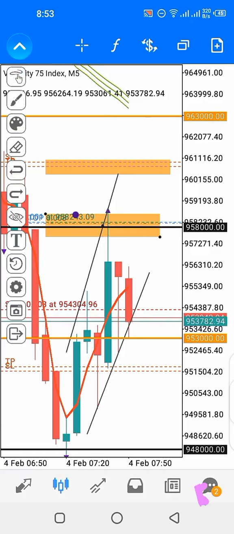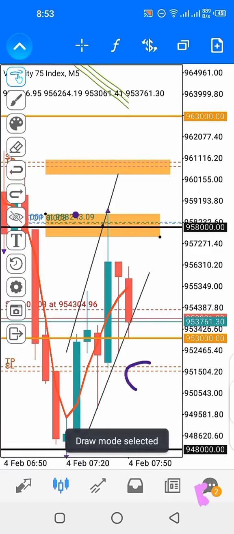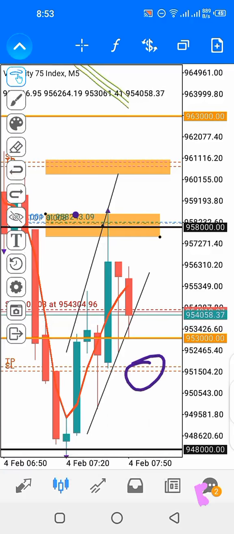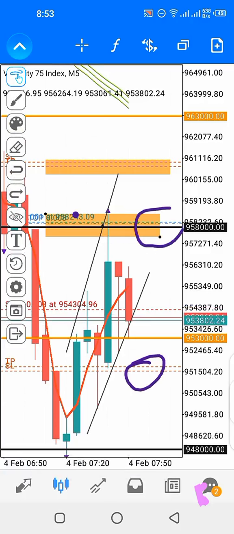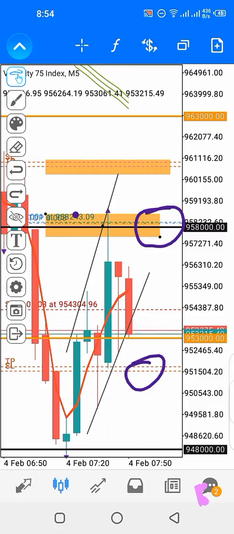Is price going to trigger the take profit and the stop loss around here, or is price going to trigger our pending order, the second hedge pending order here at 3,920 points above?